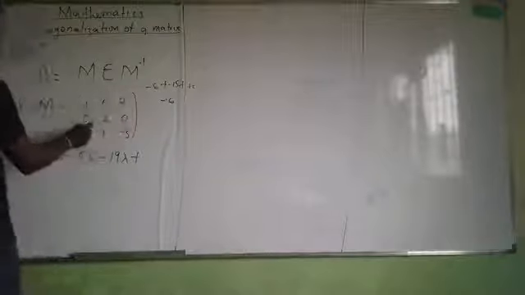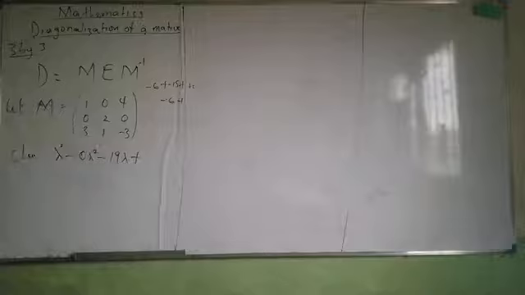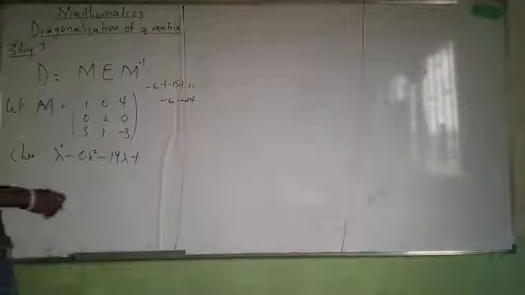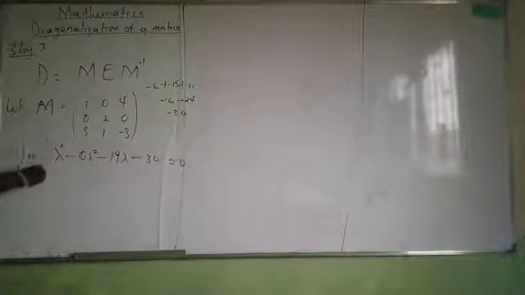And this also will be plus: this times this and this times this. Minus 6 times 4 is minus 24, and that plus minus 6 gives minus 30. Now I have minus 30 equals 0, and that is my characteristic equation.